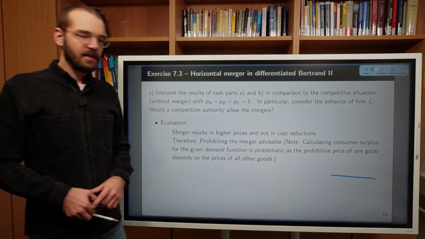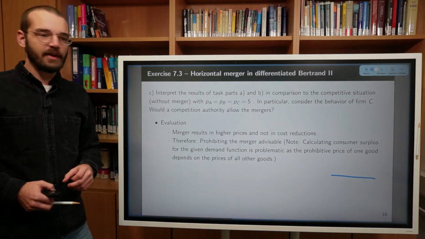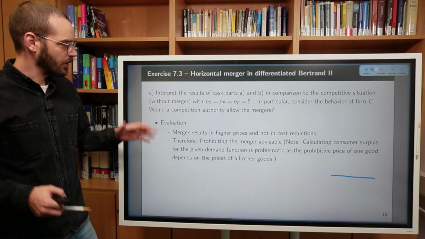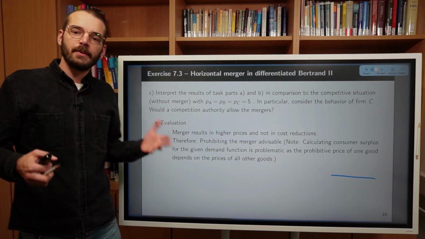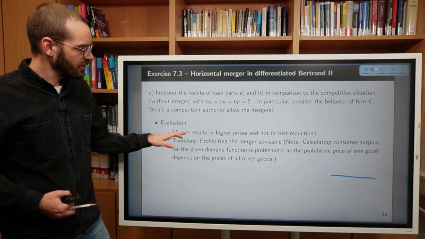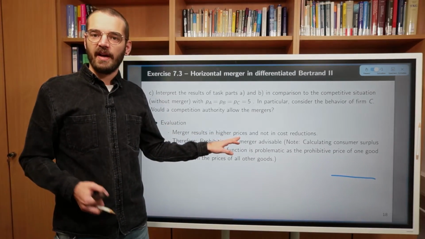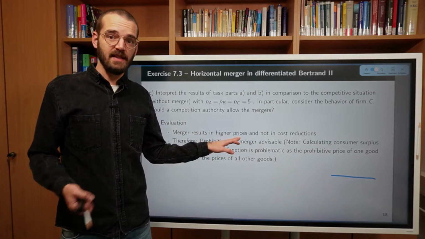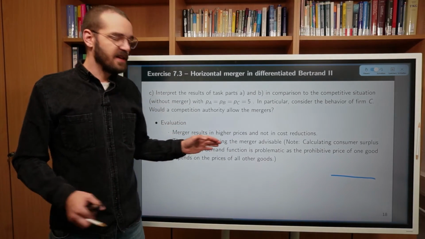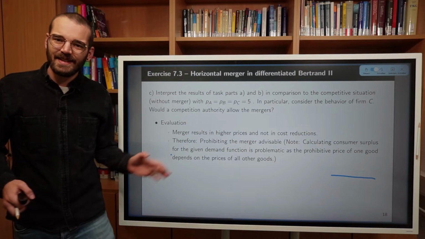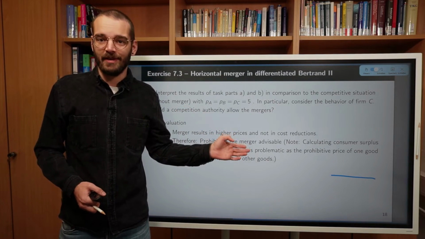Now towards the evaluation: would a competition authority allow the merger? What we overall saw is that the merger results in higher prices, higher prices for A, B and C, that is. And the merger does not result in any cost reduction. That of course is exogenous in our model, right?